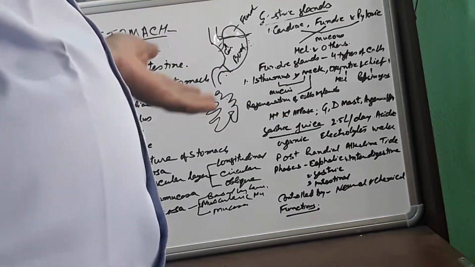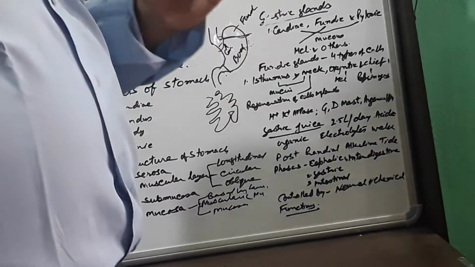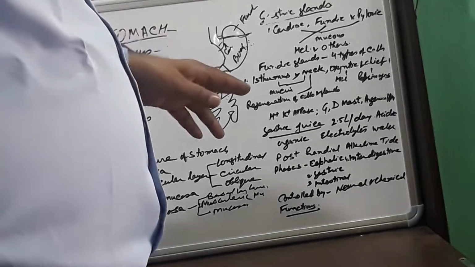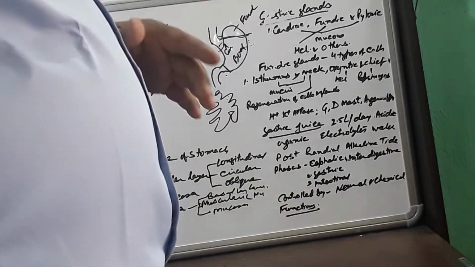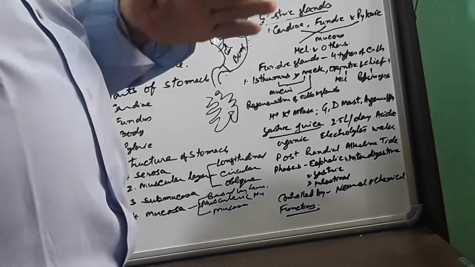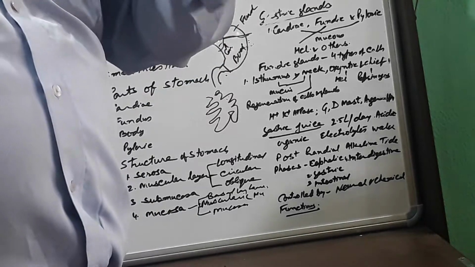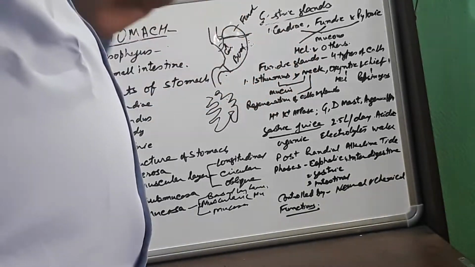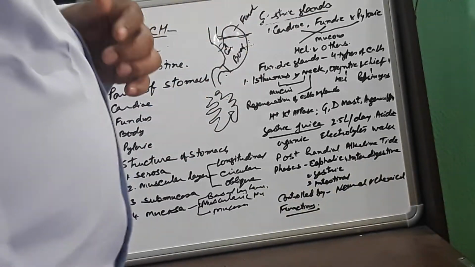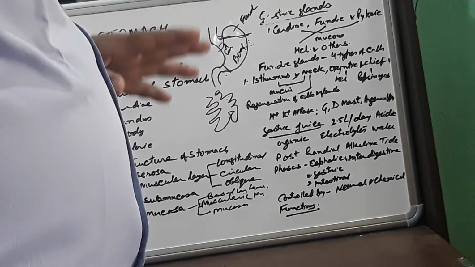Likewise, intestinal food also stimulates the production of gastric juice. Then the interdigestive phase: when there is no activity of the stomach, no thought of food, even then gastric secretion is going on. That is known as the interdigestive phase of gastric secretion. It is controlled by neural and chemical factors.